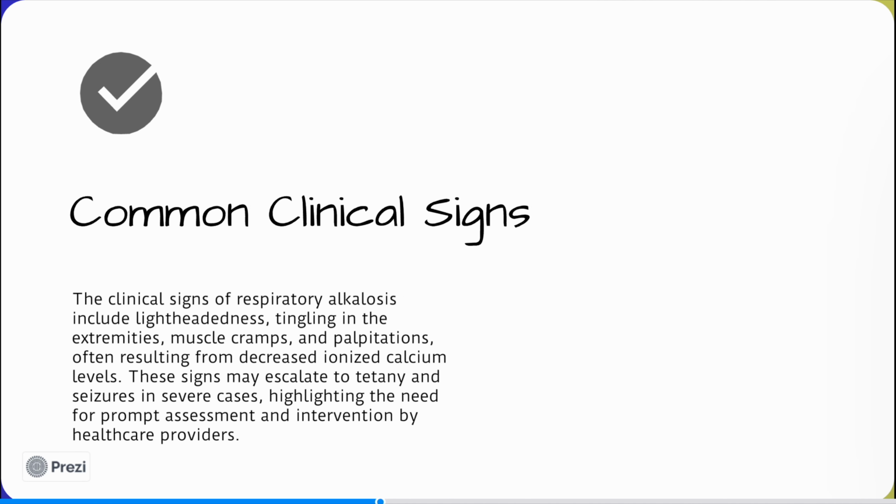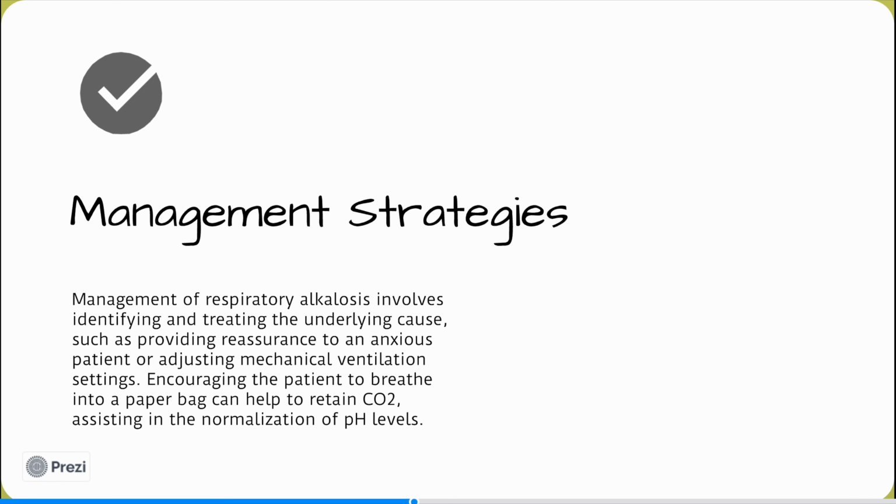Respiratory alkalosis occurs when, as I mentioned before, PaCO2 is less than 35 mmHg due to hyperventilation causing decreased carbonic acid, and pH is more than 7.45. The management and clinical signs, as I already mentioned, are given on the screen. And the management strategies as well.